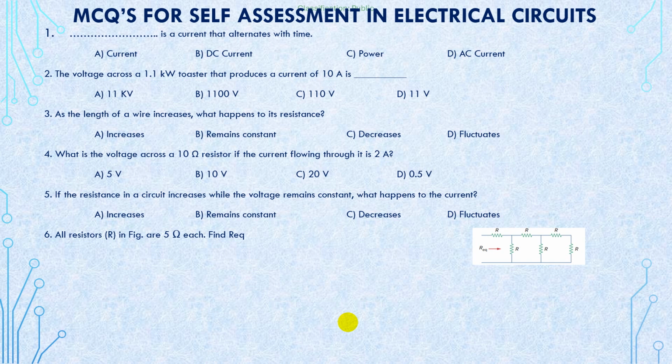So 5 multiplied by 8.33 divided by 5 plus 8.33, that is 13.33. Then I think 3.125 will come. Then this 3.125 is in series with the 5 ohms, so 5 plus 3.125 is 8.125 ohms. That is the final answer. You can check it.